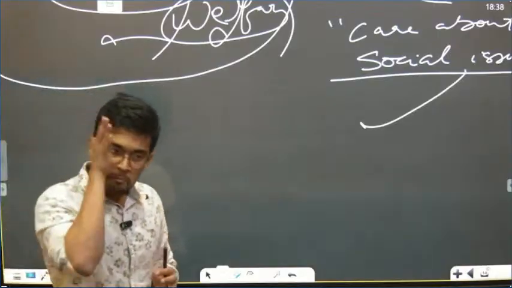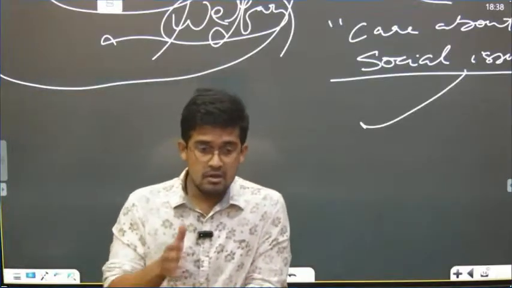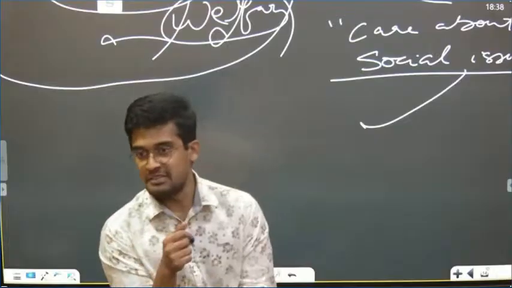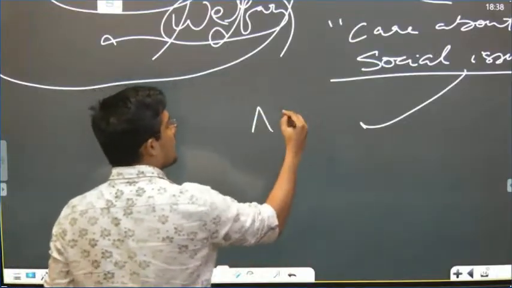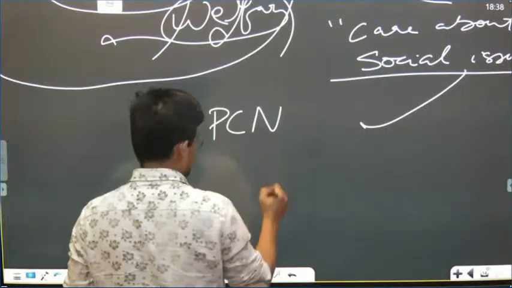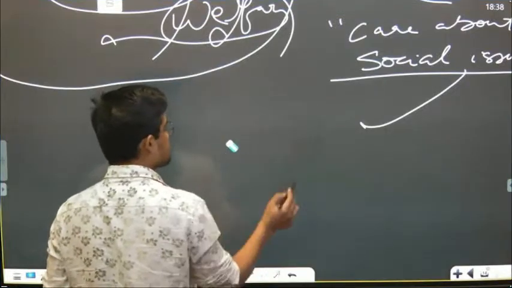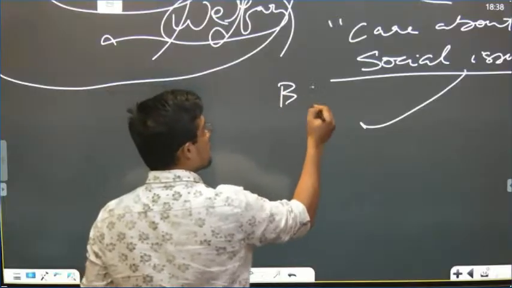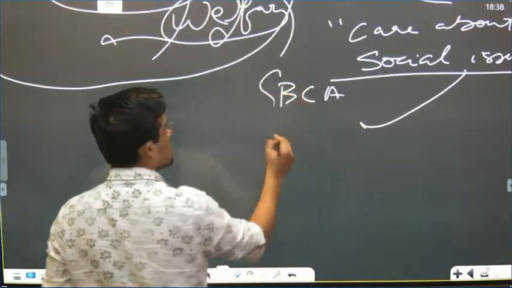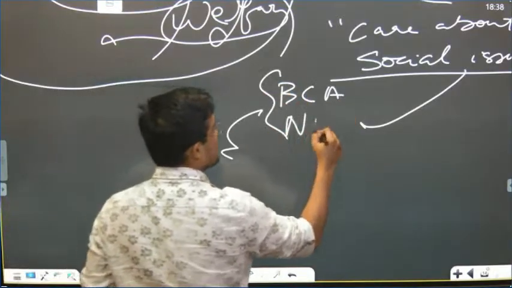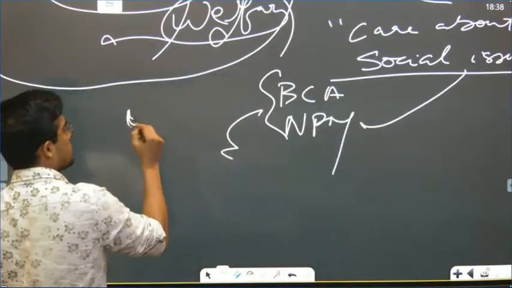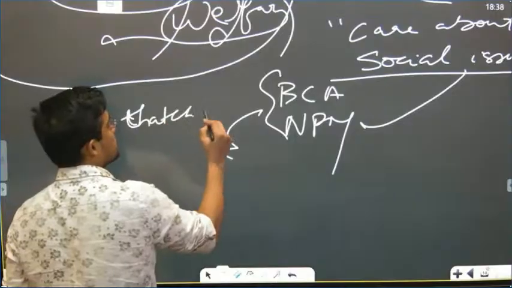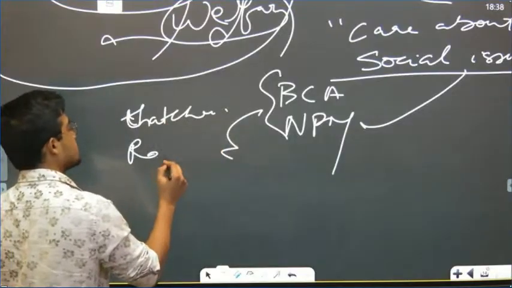We need to make it very streamlined, very efficient in nature. So from this, ideas such as PCA, the public choice approach, and NPM will emerge, having their impact from Thatcherism and Reaganism.